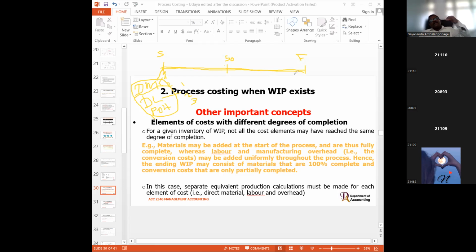So what is important is where you add this particular element of cost, and at which point, what is the degree of completion of the particular WIP, whether it is 50%, 60%, 90%, 10%, or 40%. So really these different resources or elements of cost being added is very important when you do process costing. I think this slide is just to explain that matter.